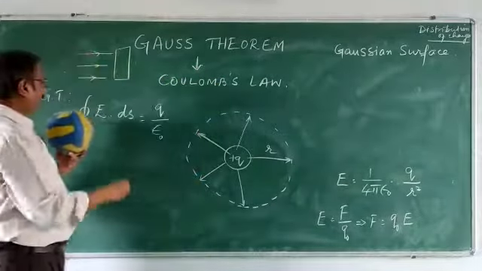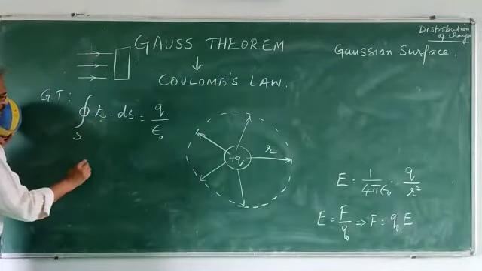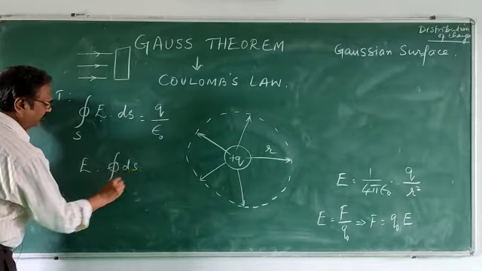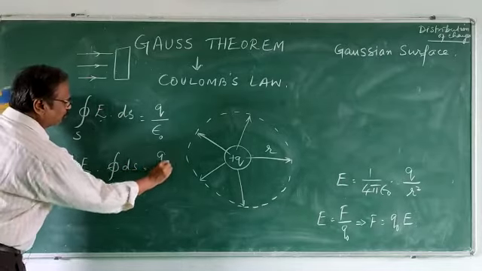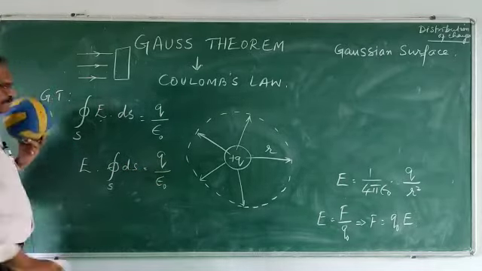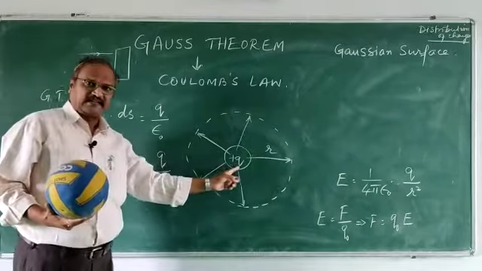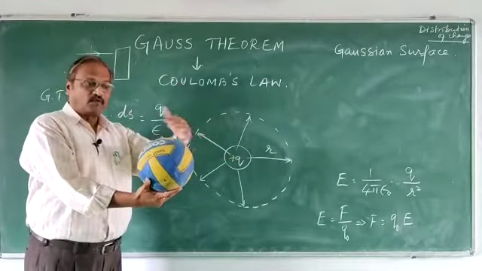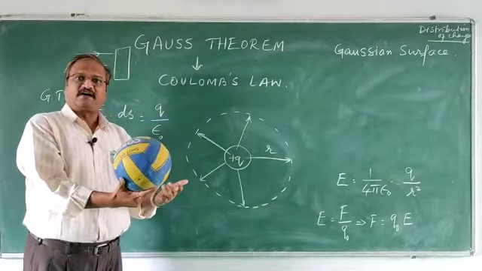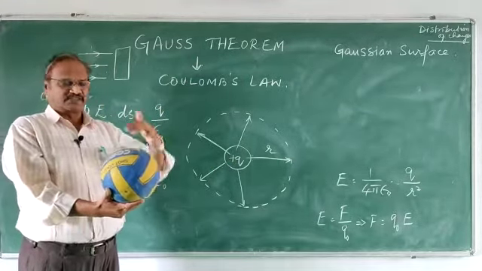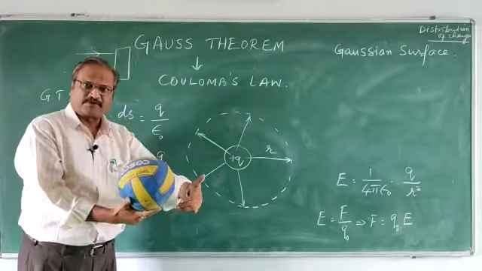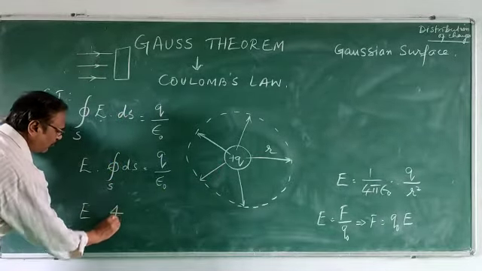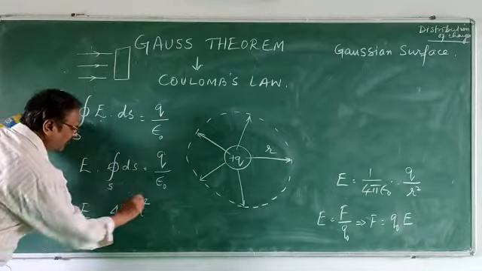Now we are going to talk about the electric field. So E into integral ds over the given surface is equal to Q upon epsilon naught. Q is the charge already there. Fine. And the Gaussian surface is a sphere. Now what is the surface area of a Gaussian surface? The surface area of the sphere is 4 pi r square.